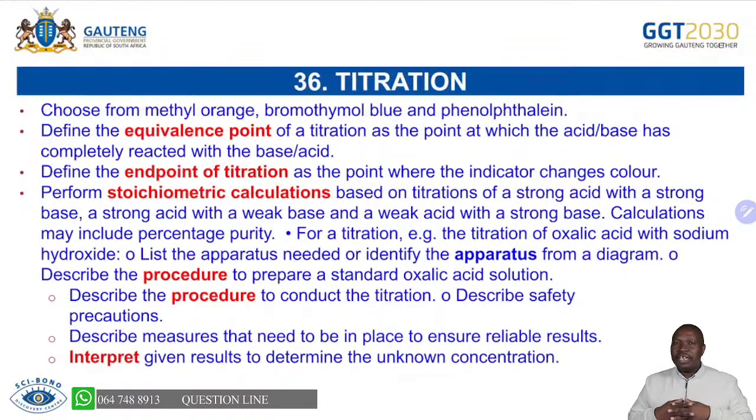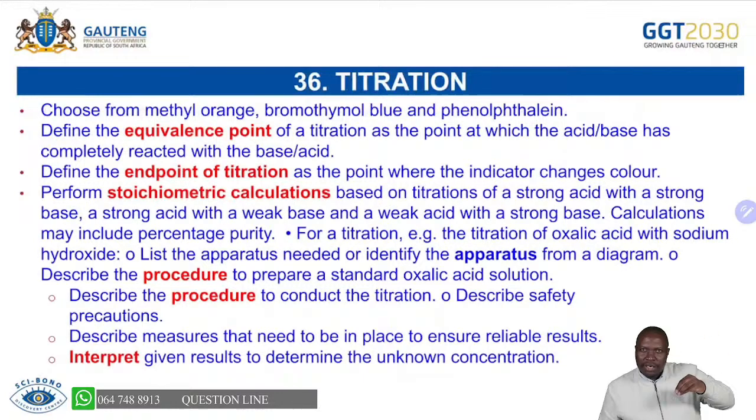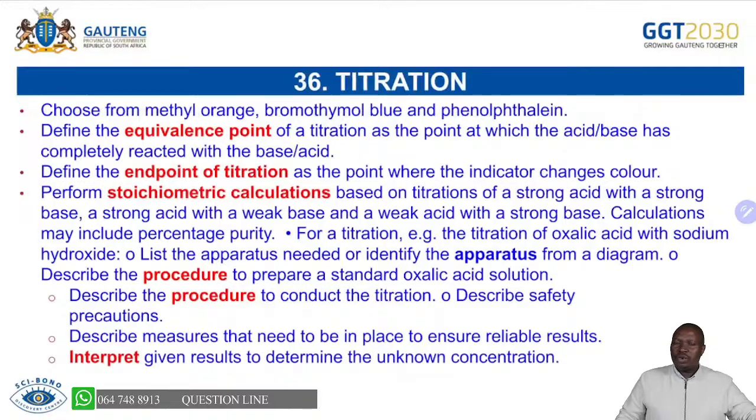Remember we talked about the equivalence point, which is a point where all the acid or base has reacted completely with the base or acid. So you know that equivalence point and end point are two different things. I usually say you arrive at the end point, but the equivalence point is the event that is happening when you arrive.